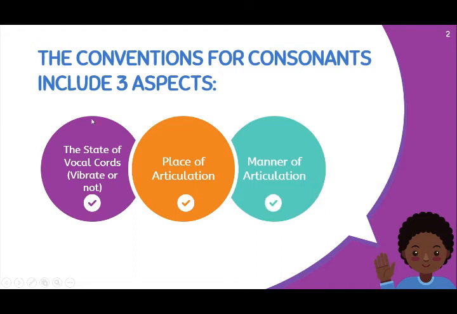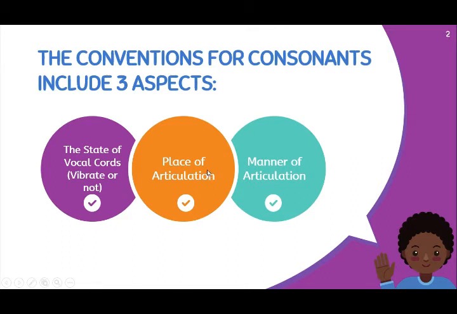Ya, jadi saya bisa ulangi di sini bahwa state of vocal cords ini refers to kondisi pita suara ketika kita menghasilkan bunyi tertentu, bisa jadi vibrate, bergetar, ataupun not vibrate, tidak bergetar. Kemudian place of articulation, fokusnya ada pada bagian mulut dan organ suara mana yang terlibat dalam memproduksi suara.